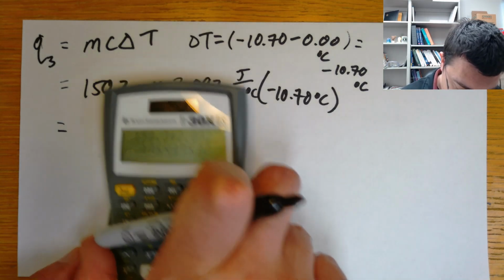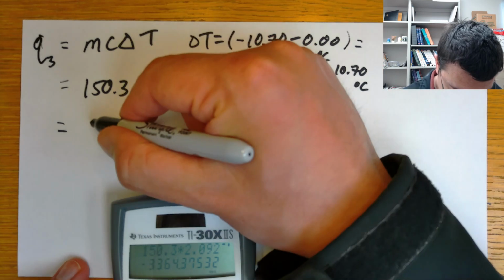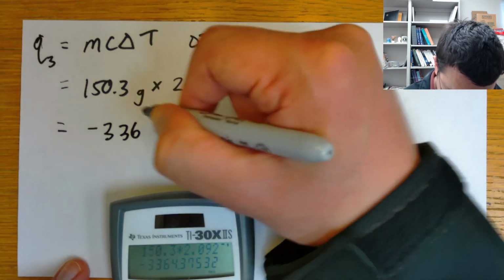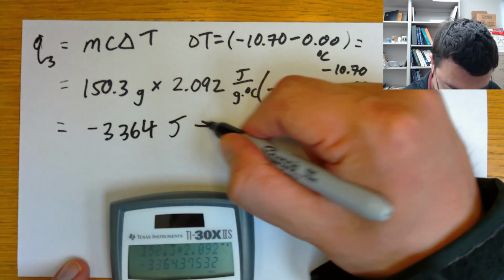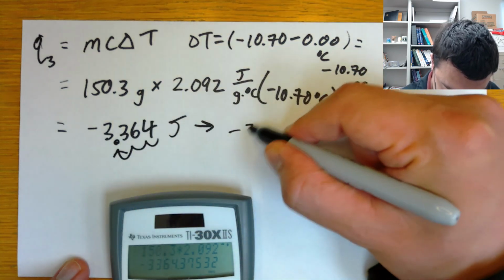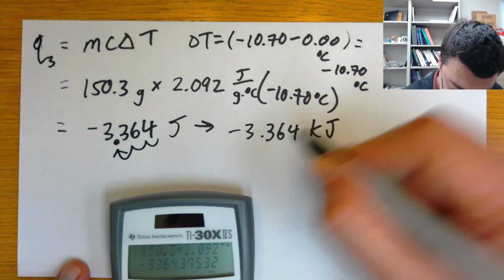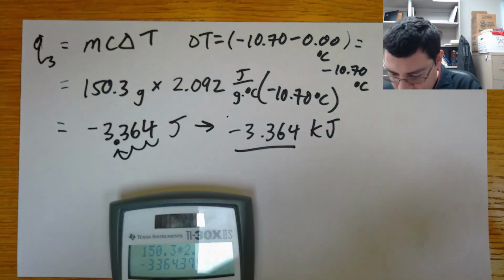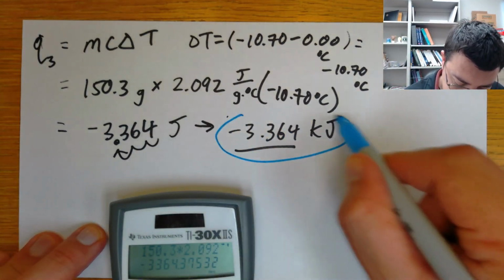All right. 4 sig figs. But we need to turn this into kilojoules. And there is our answer.